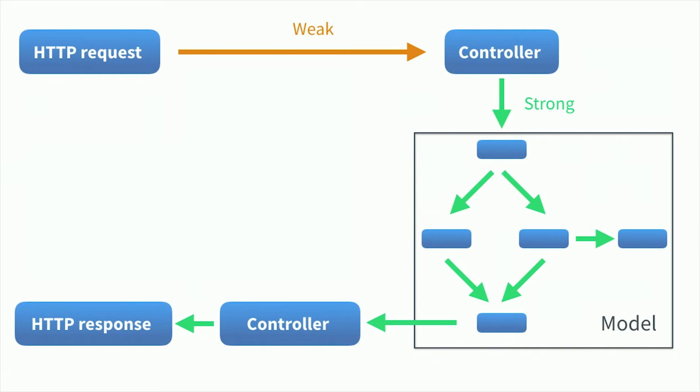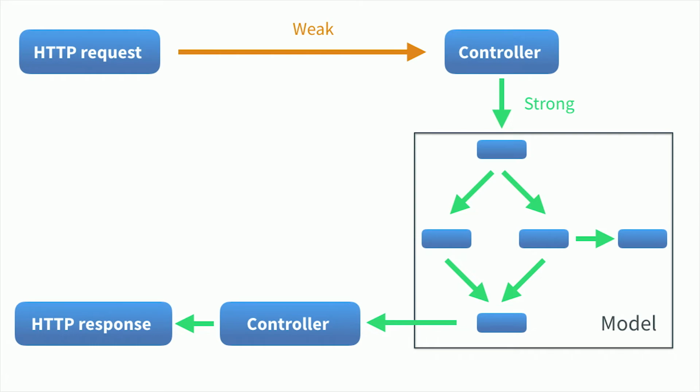This is a diagram of how the types should flow through your application. The first step will unfortunately always be weakly typed, because that's the nature of HTTP. Everything in an HTTP request is a string in the post body and in URL parameters. And the role of your controller, if you use MVC, is to validate everything and to create objects from incoming data before sending them further down to your model.